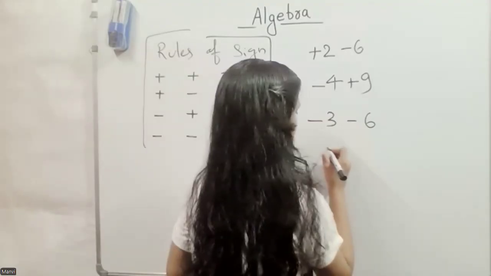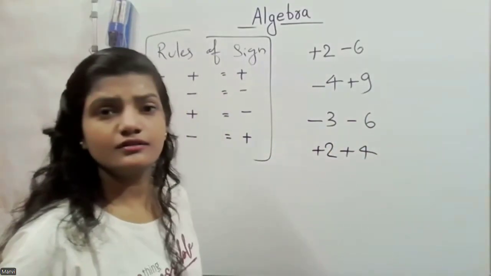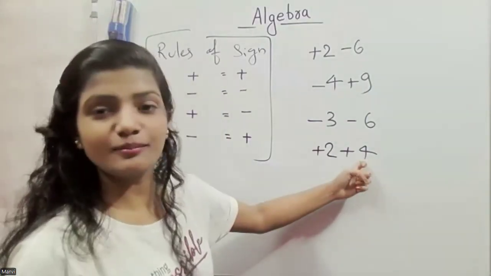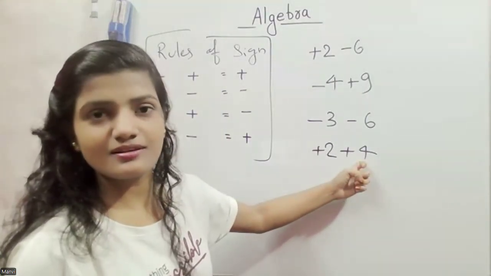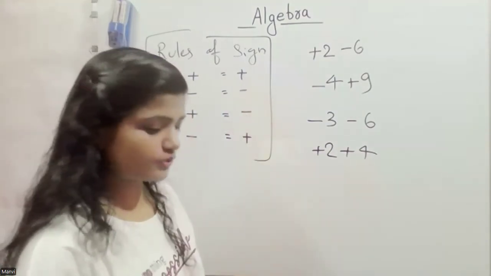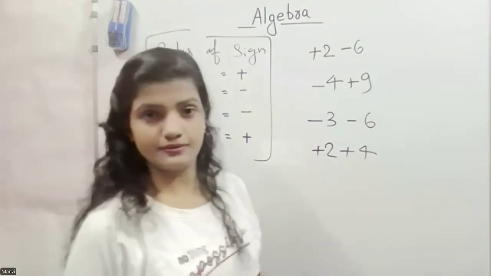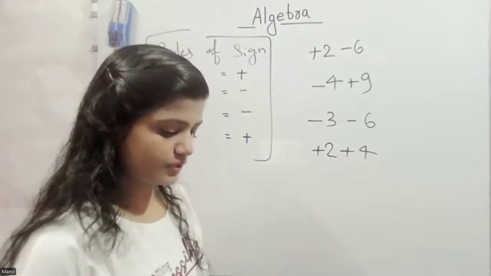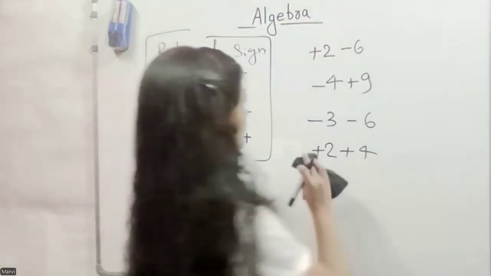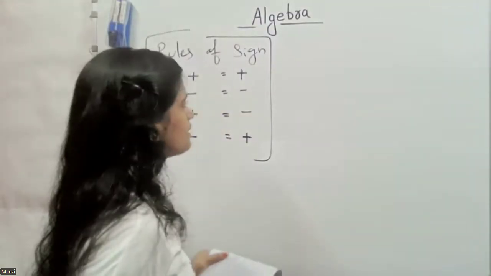Sometimes we have a question like 2 plus 4, right? It'll be 6. Here also the bigger number is in plus. So this logic we can apply everywhere: always put the sign of the bigger number. Now please tell me the answer as fast as you can.